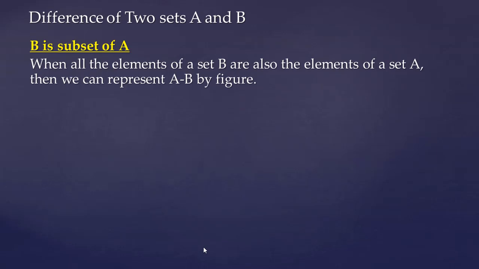B is a subset of set A when all the elements of set B are also elements of set A. Then we can represent A difference B by a figure.